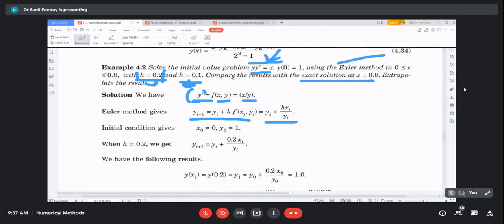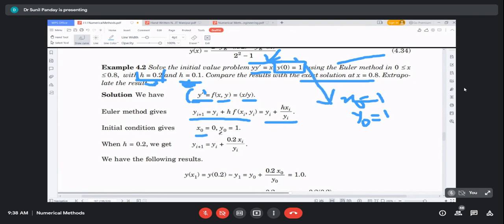Now the initial value is given here, this one. So here x naught is 0 and y naught is 1, because of this initial condition.